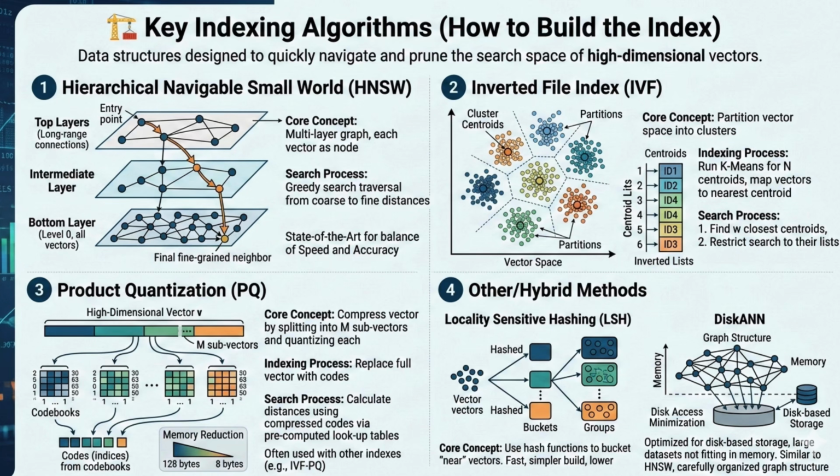Then we have DiskANN. This is basically an algorithm optimized for datasets that are too large to fit in memory. It uses principles similar to HNSW, but carefully organizes the graph structure for efficient disk access to minimize input-output overhead.